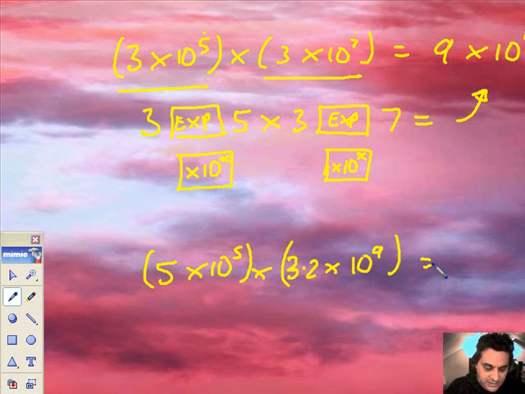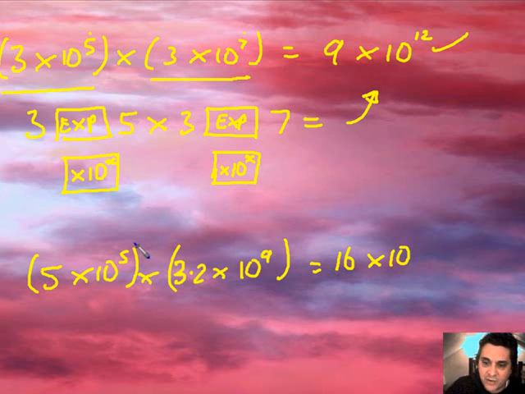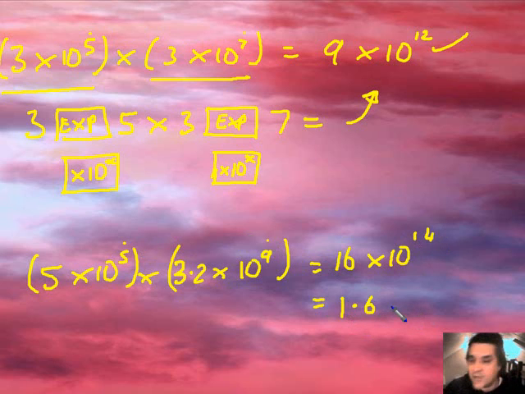Nothing wrong with doing it like this. So 5 times 3.2, I make that 16 exactly. So I've got 16 times 10 to the power of, well, 5 and 9 is 14, but that is not standard form, and if you're required to write it in standard form, let's do it properly. We've got to call it 1.6 times 10 to the power of 15.